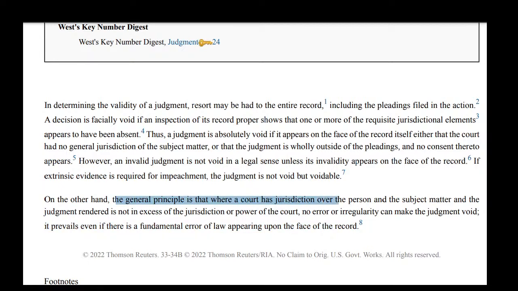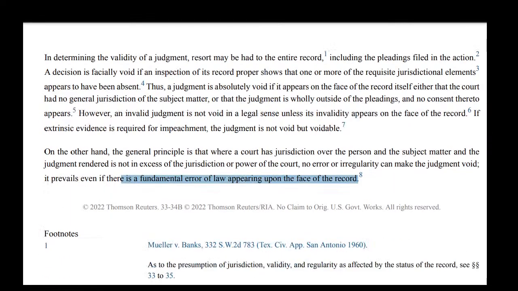So where a court has jurisdiction over the person and subject matter, and it's not rendered in excess of the jurisdictional power, no error or irregularity can make the judgment void. Again, it doesn't mean it's not voidable. It just means that that alone cannot make it void.